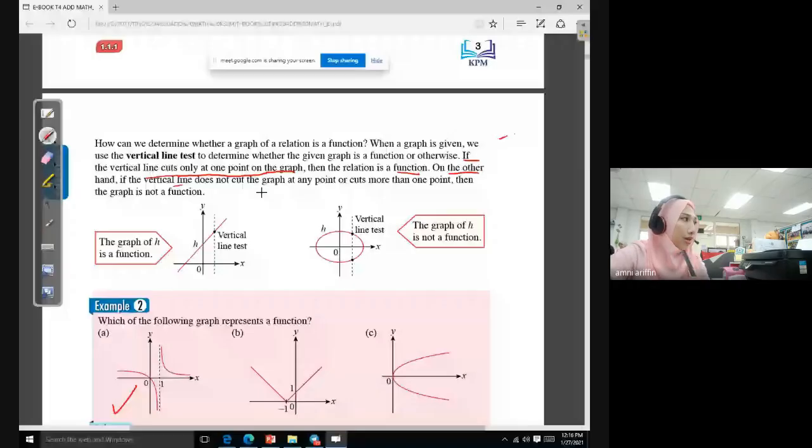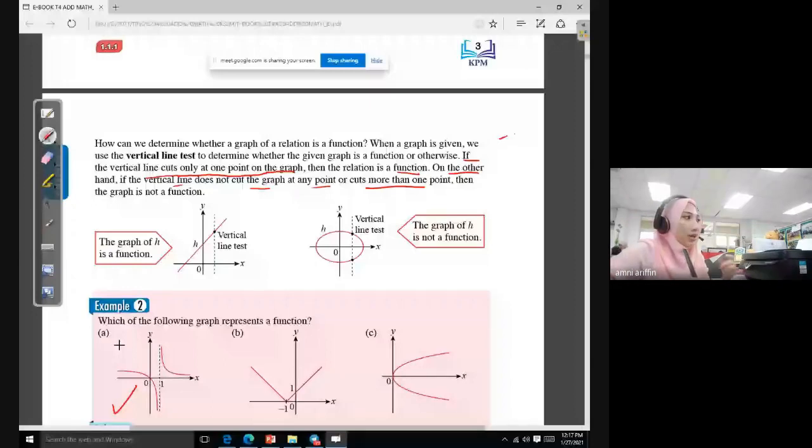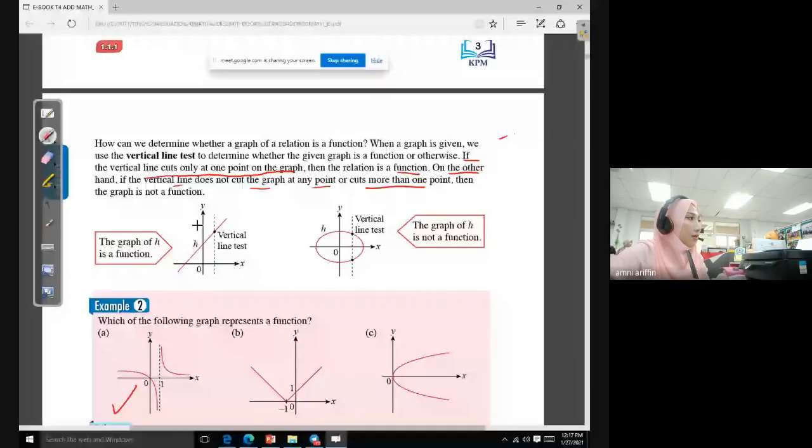Okay, kalau kamu perhatikan dekat sini, kita ambil contoh graph yang pertama ni. Yang ini kita panggil sebagai graph function. Why? Because kalau kamu gunakan vertical line test, vertical tu adalah orang kata garisan yang mencancang, menegak. So bila kita gunakan vertical line test, kamu akan gerakkan daripada sini, and then here, and then here.